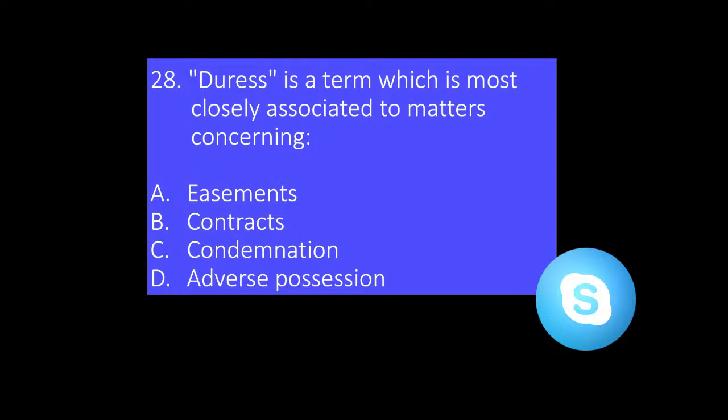Contracts, no. Condemnation, condemn a house. Adverse possession, no. Adverse possession is after 5 years. So it's not duress. It's not contract. I take out B and D. I left A and C.